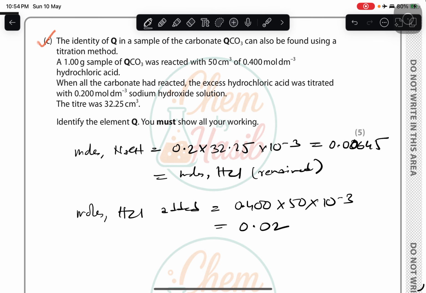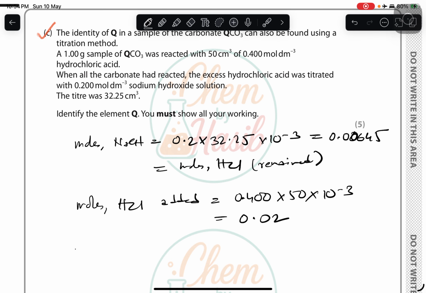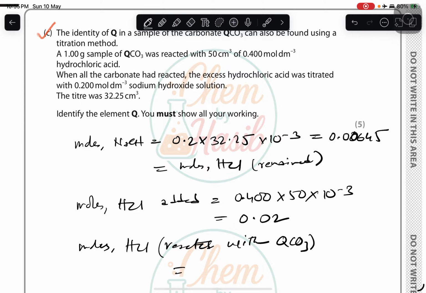Then we find the moles of HCl that actually reacted with QCO3, which will be equal to added minus remaining.